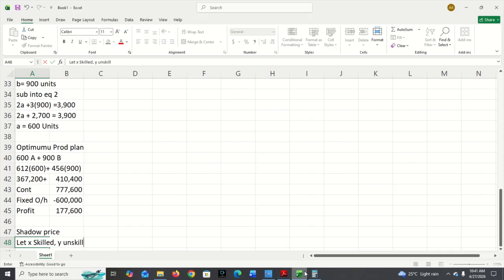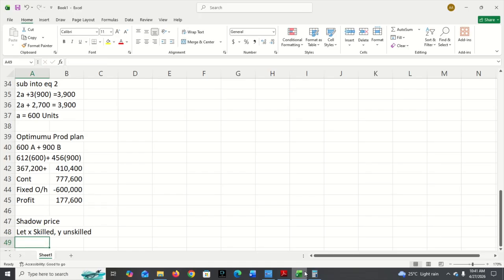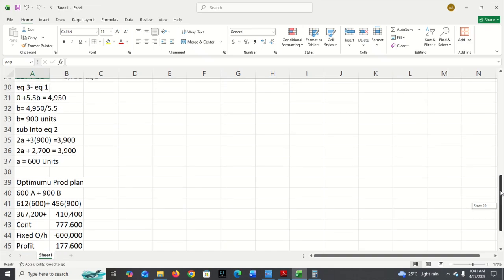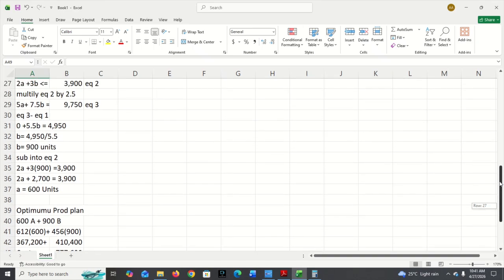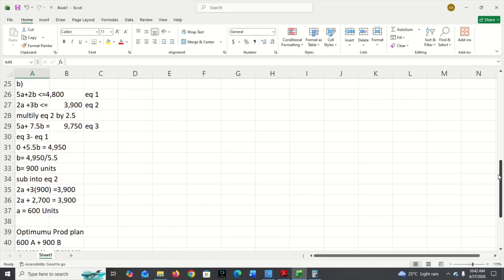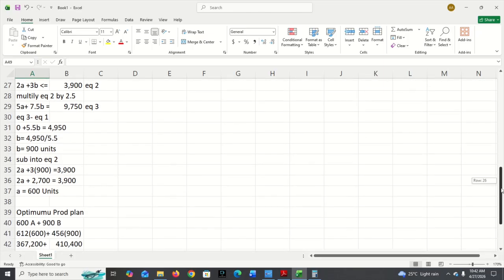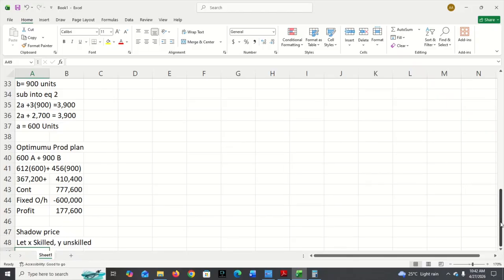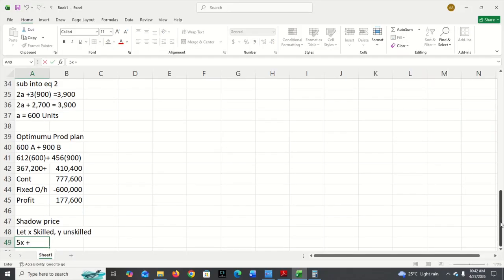Then we do our simultaneous equation again, but this time we change the function. Remember we had 5a plus 2b equals 4.8. This time we call it 5x plus 2y equals, and now we use our contribution, not the available hours.